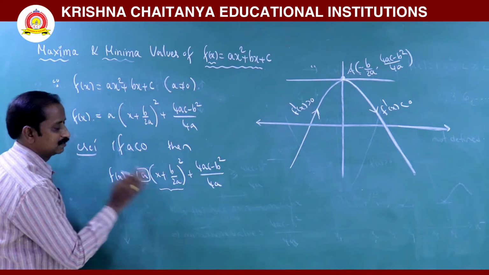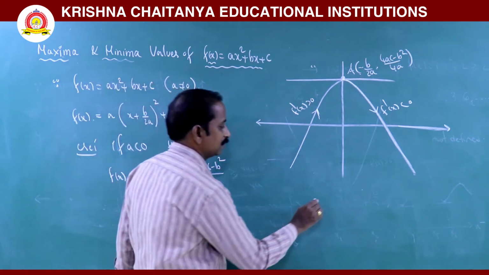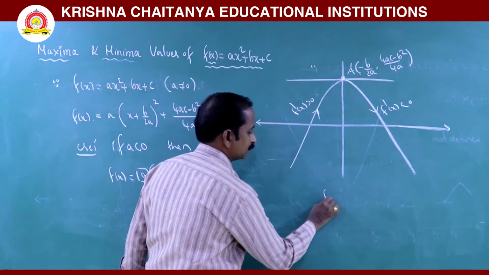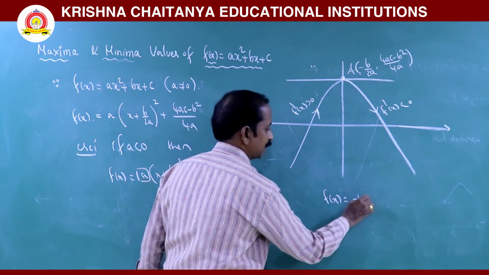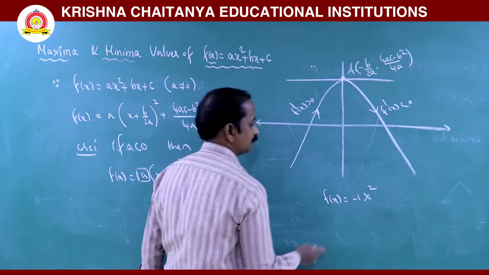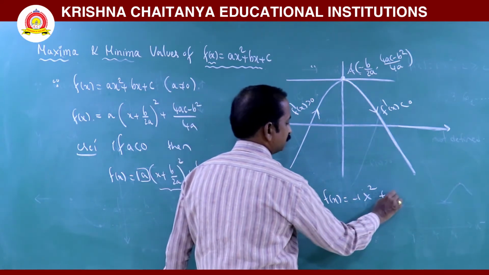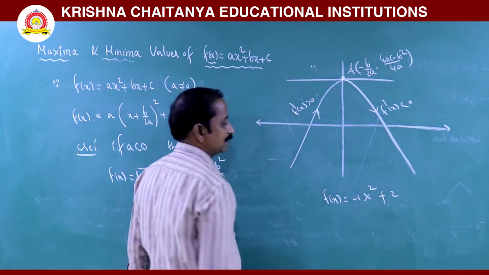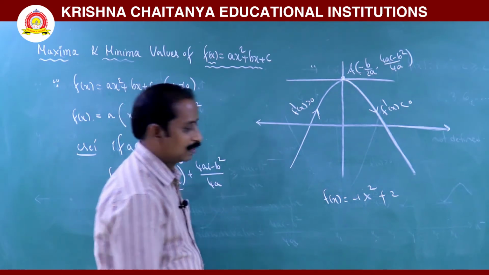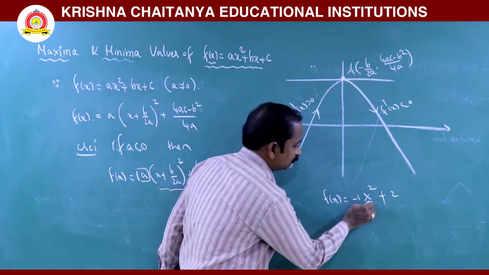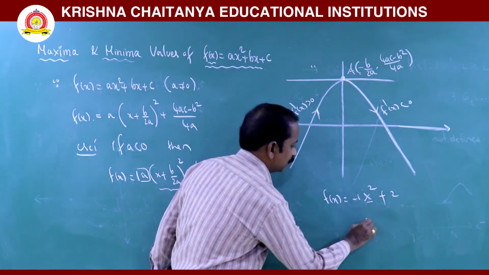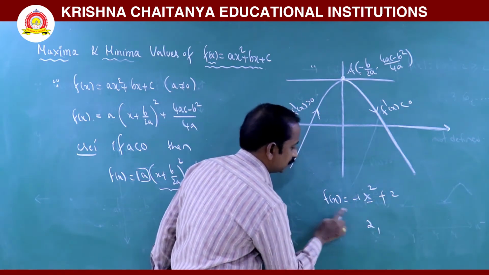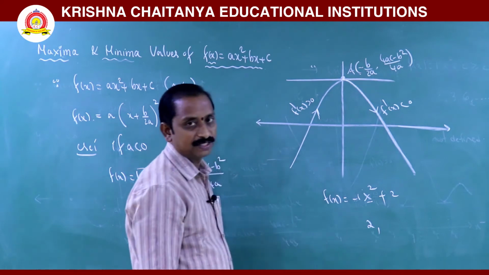For simplification, let a be equal to −1 and (x + b/2a) be capital X, so this is −X², and let (4ac − b²)/4a be plus 2. At X equal to 0, 0 times anything is 0, so the function value at X equal to 0 is plus 2.